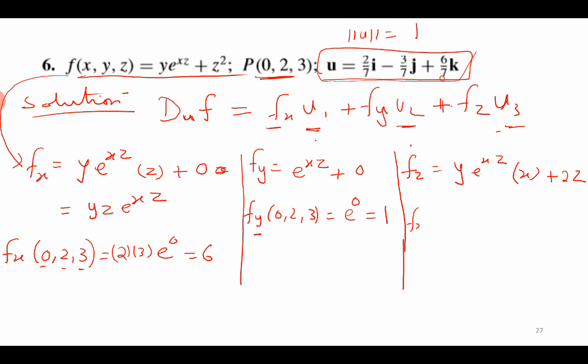So f_z at (0, 2, 3): y is 2, e power x z is e^0, and x is 0, so the first term is 0. Plus 2 times 3, z is 3. So the first term is 0, the second term is 6, the answer is 6. So f_x is 6, f_y is 1, f_z is 6.